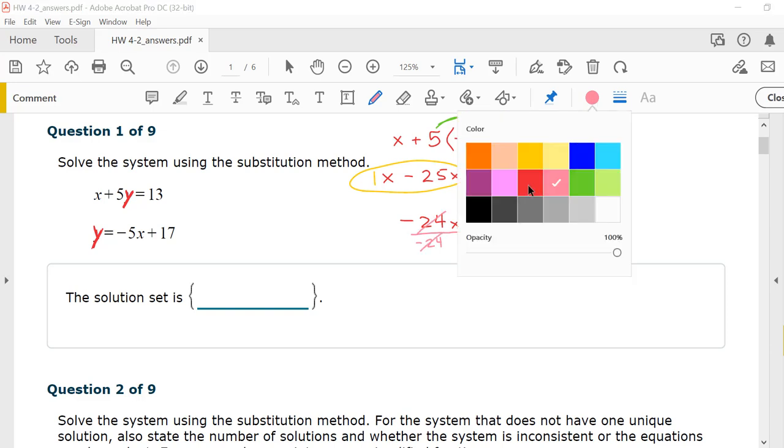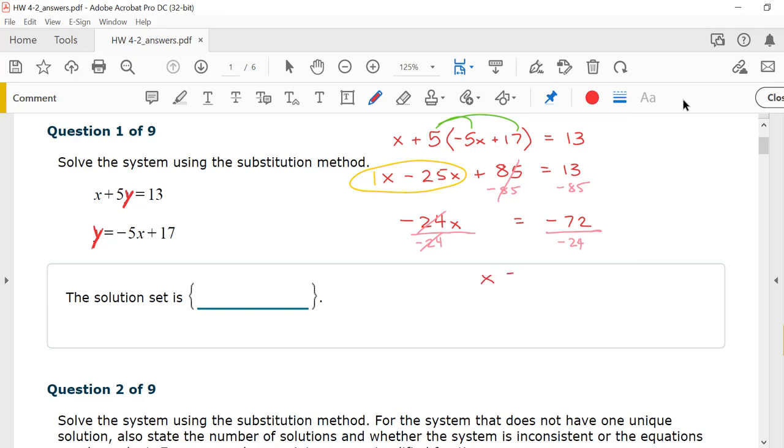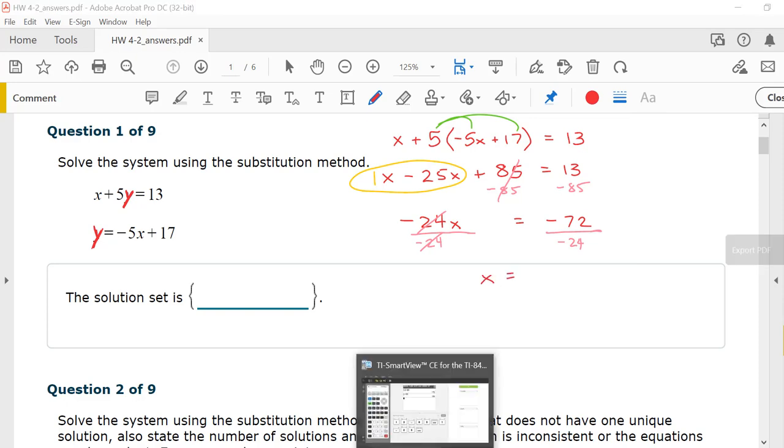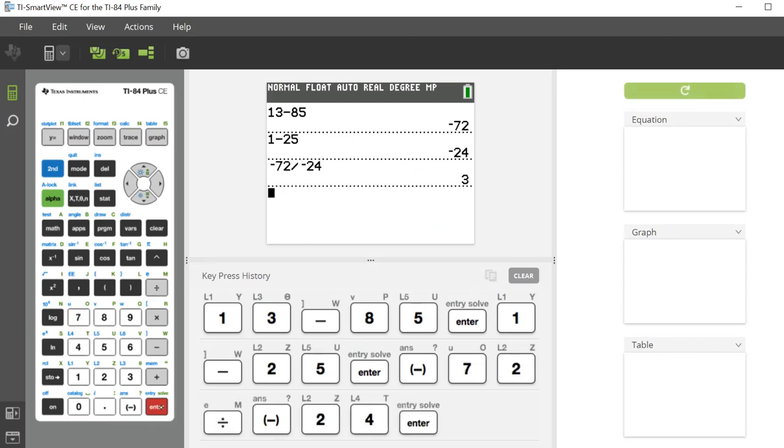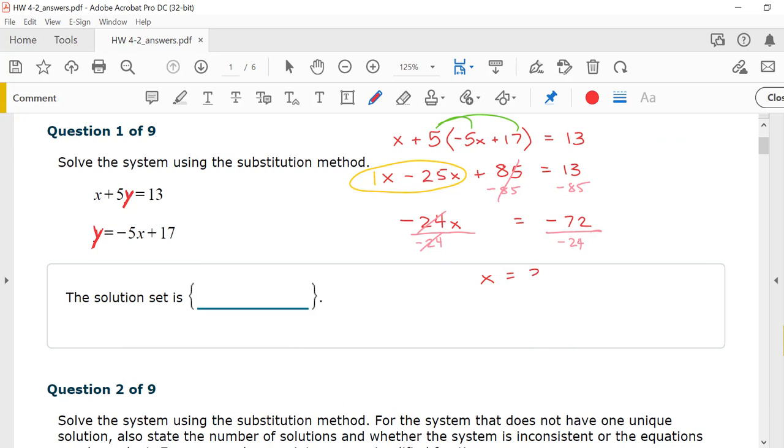Okay, next thing is to divide both sides by negative 24. So x equals negative 72 divided by negative 24. Negative 72 divided by negative 24 is 3. So x is 3. I'm only halfway there. I have the x value. Now I need to get the y value for the solution.